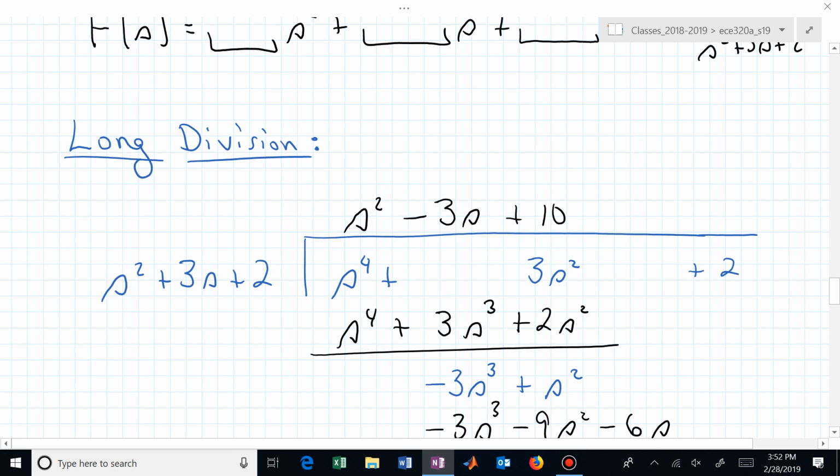And when you're doing this, you need to make sure that you're keeping track of which coefficients are or are not there. In our original numerator, we were missing a cubic or a third power of s, and we were missing a linear power of s, or s to the 1. And I've intentionally spaced it out so that I remind myself I'm comparing, hopefully, the same coefficients relative to powers of s.